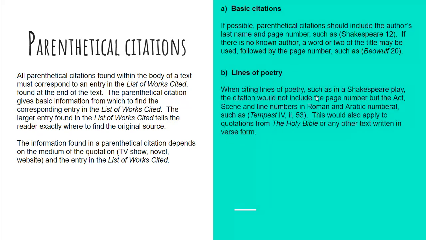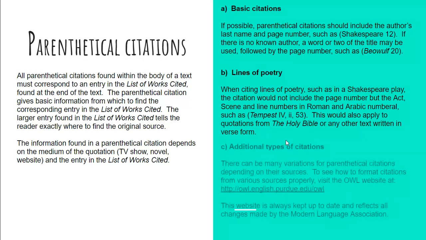For lines of poetry, you'll format it a little bit differently. You'll put the 1 word from the title, the act in large Roman numerals, the scene number in small Roman numerals, and the line numbers in Arabic numerals. This would also apply to the Holy Bible or other written texts.